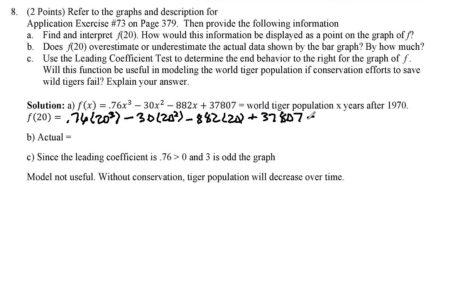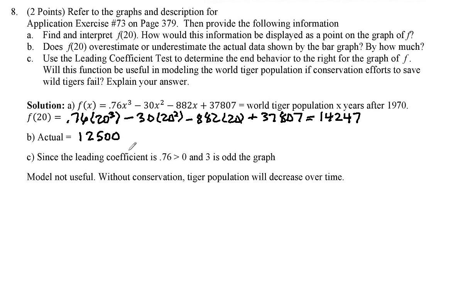And you plug all of this into the calculator, and you will get approximately 14,247. So that's the estimate using the model. And then the actual, if you read the actual off of the graph for 1990, that value is 12,500. Okay, so this is an actual 12,500.